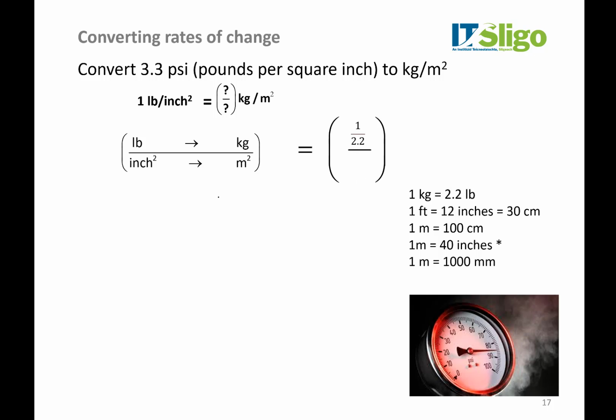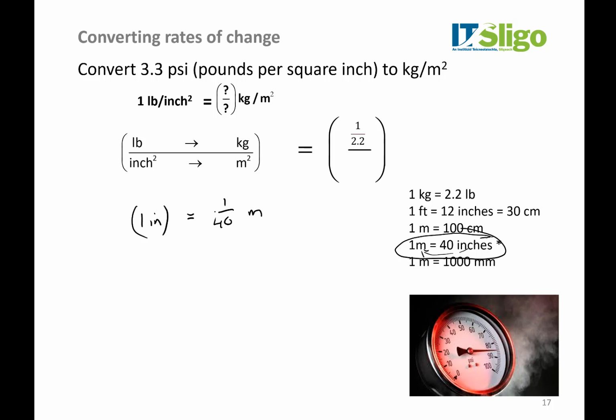So on the top, guys, I hope you'll agree, we're going from pounds into kilos. So we're going against the conversion factor, so we use the reciprocal. Now, guys, we're going from inches to meters. Again, we're going against the conversion factor, so we use the reciprocal. 1 inch is 1/40 meters.